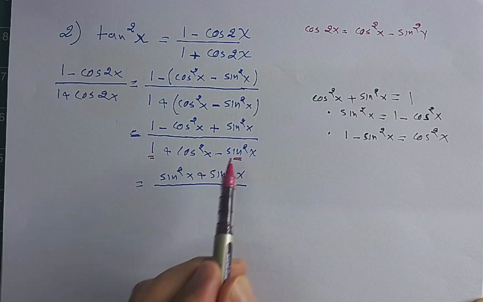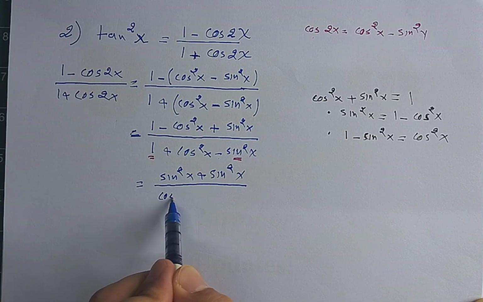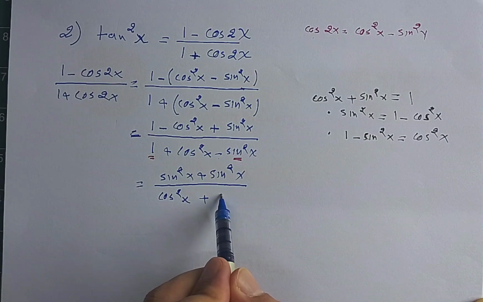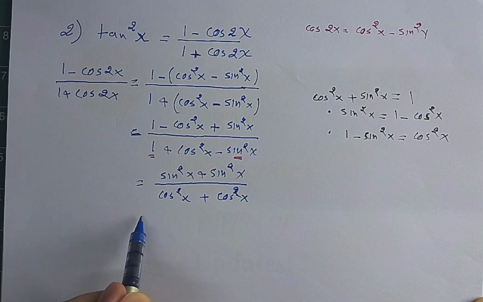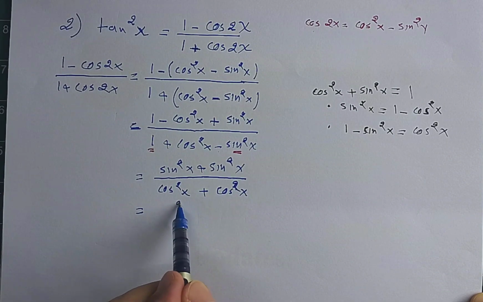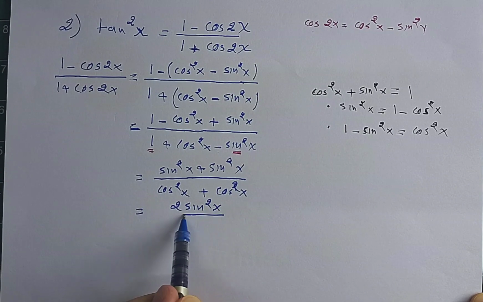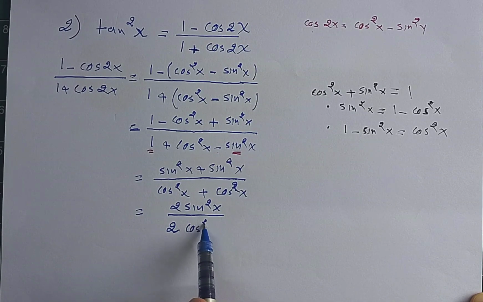These two terms will be cosine square x plus cosine square x. So here we have 2 sine square x out of 2 cosine square x.